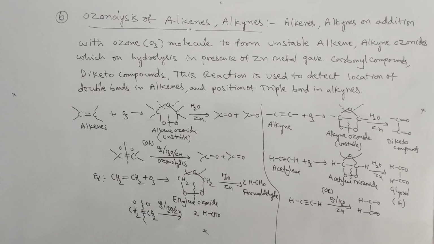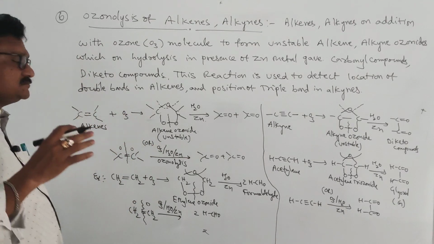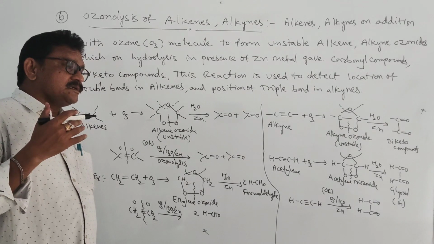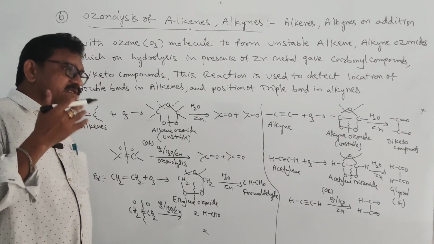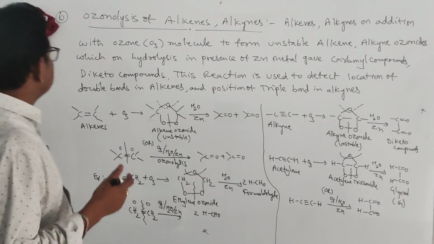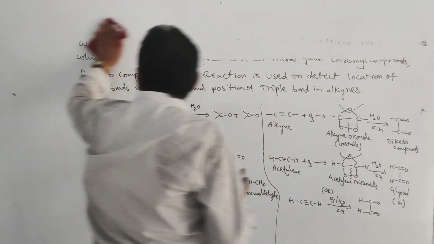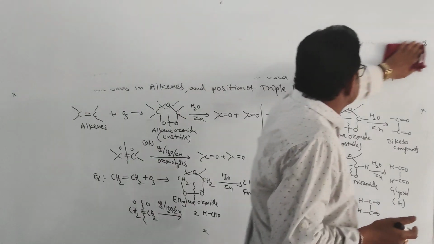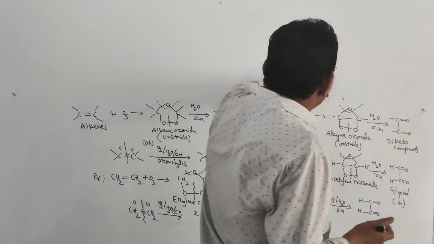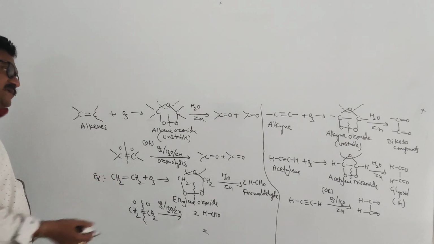This is the ozonolysis of alkenes and alkynes. But for your clear understanding, you can write different products with different reactants, so I will explain different examples. In case of alkenes, we studied ethylene and acetylene.